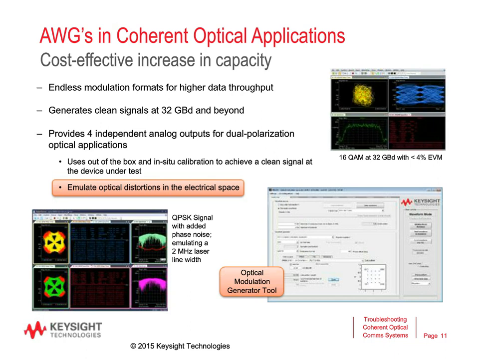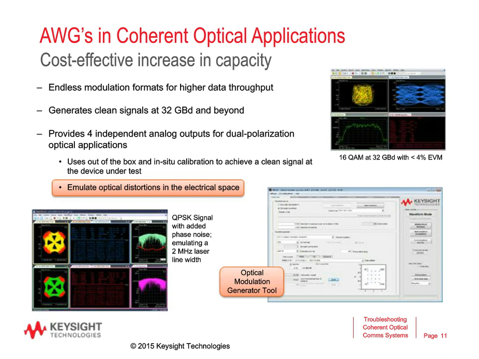Another new development is the emulation of optical distortions already in the electrical space. What that means is shown on the lower left-hand side on this screen here. We are showing a dual polarization QPSK signal that has been artificially degraded in terms of phase noise.